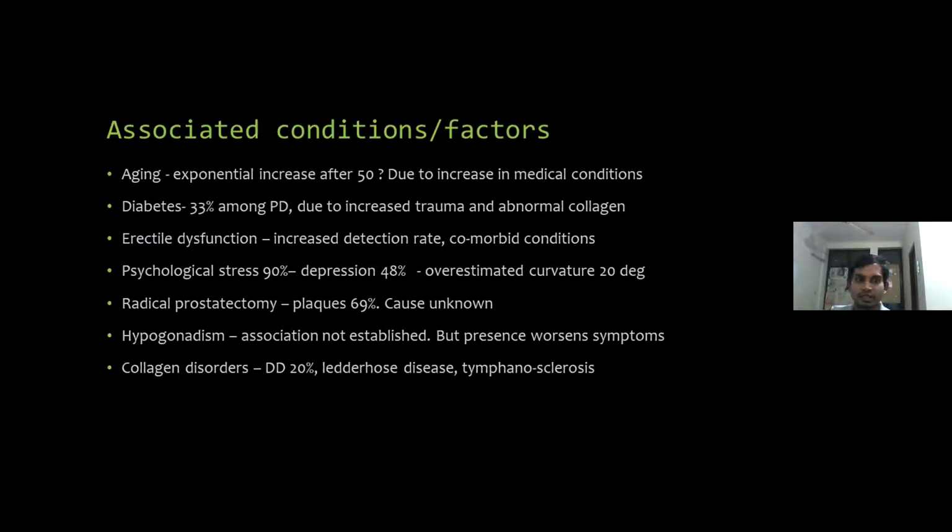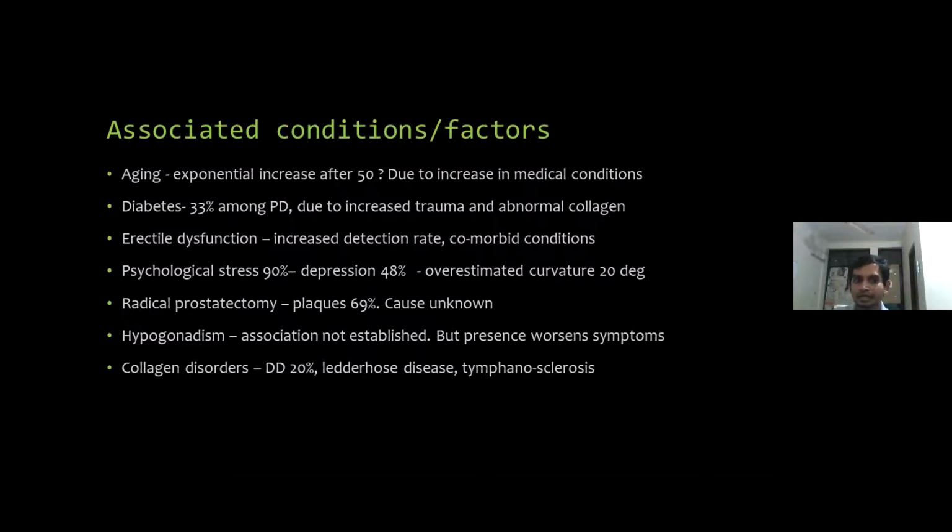And also, patients with erectile dysfunction have around a 50% chance of having Peyronie's disease. It is described that erectile dysfunction can cause less strength of the penis during sexual activities. It can bend and cause microtrauma of the penis, which can lead to this condition.